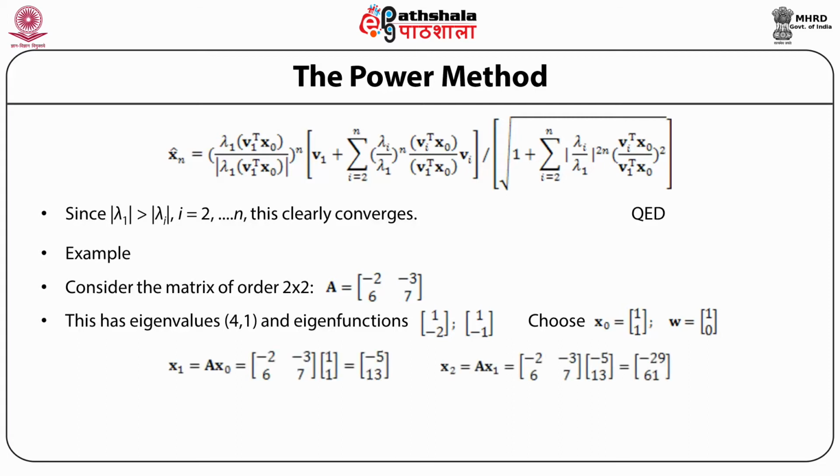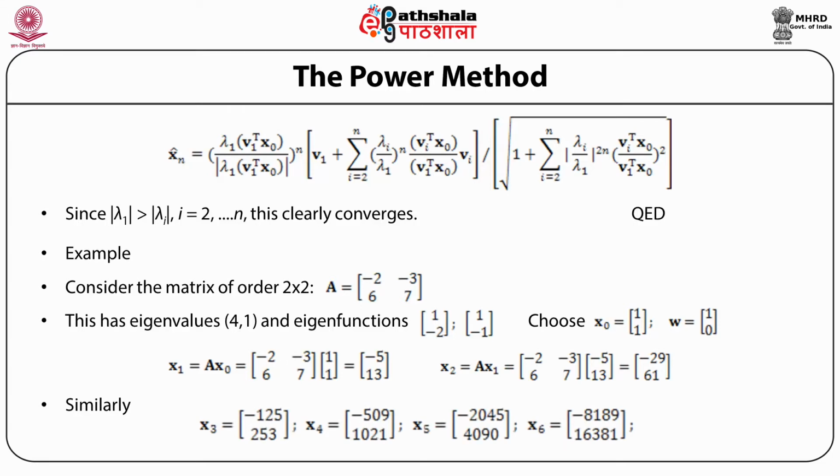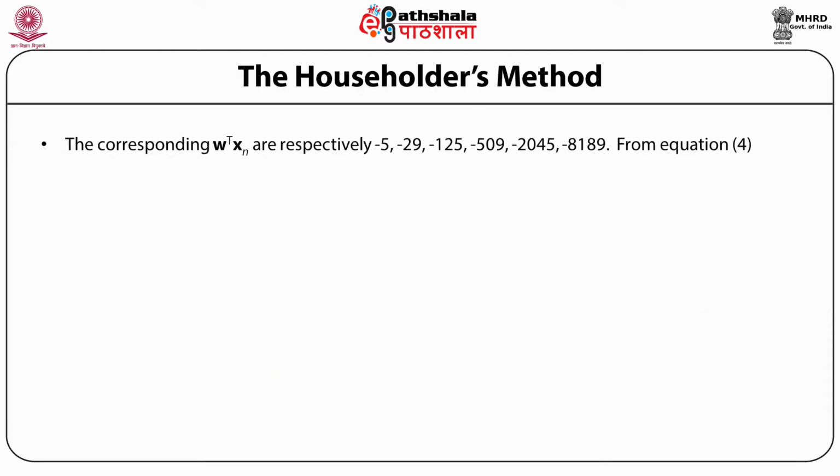So x_1 equals A x_0 equals [-2, -3; 6, 7] times (1, 1) equals (-5, 13), and likewise x_2 equals (-29, 61), and similarly x_3 equals (-125, 253) and so on. The corresponding W transpose x_n are respectively -5, -29, -125, -509, -2045, -8181.